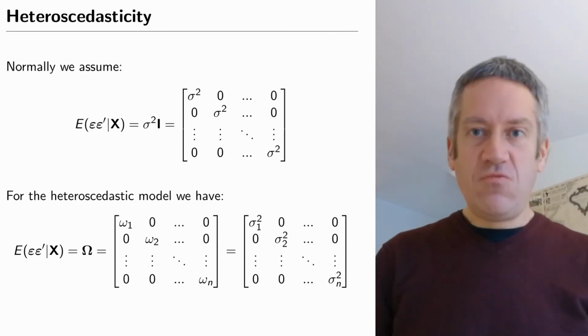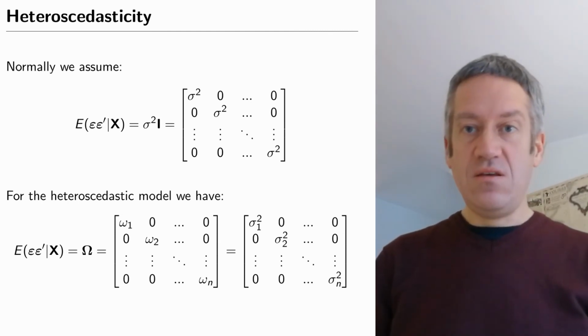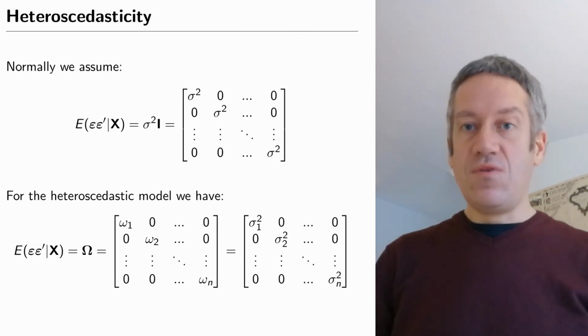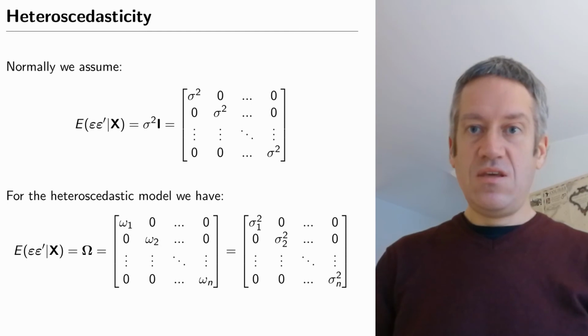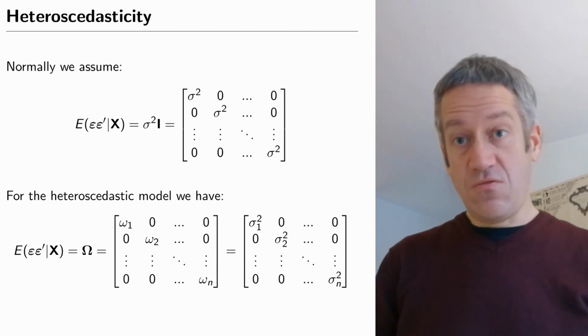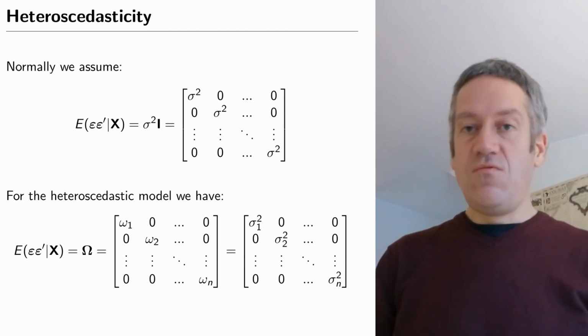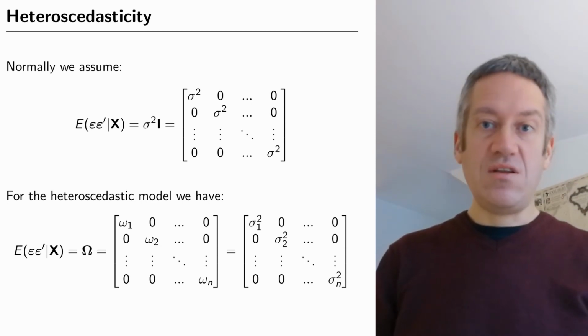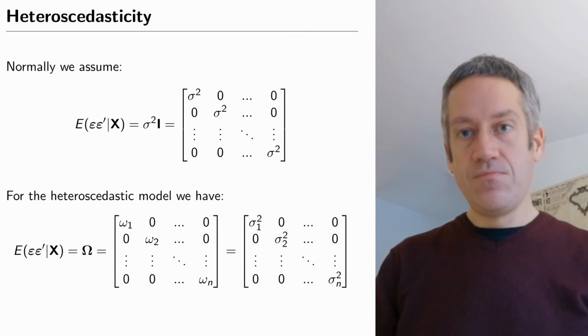This is the expected value of the variance covariance matrix of the errors. You might remember that when we derived the estimator for the variance covariance matrix of beta hat, we used the expected value of the variance covariance matrix of the errors, which is this n by n matrix with zeroes off the diagonal and this constant variance on the diagonal.